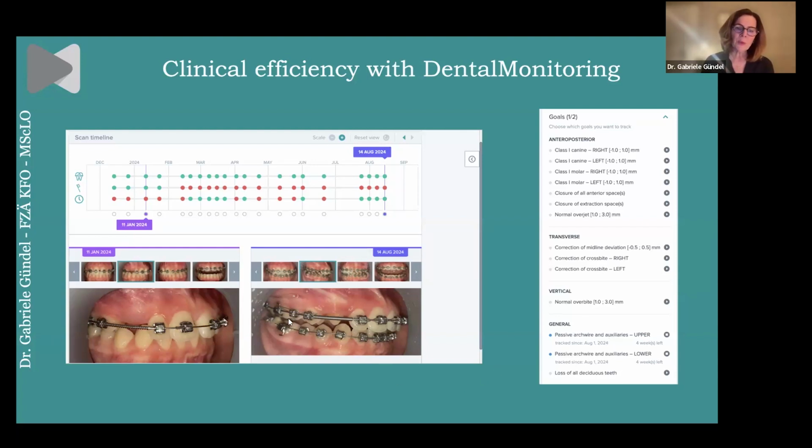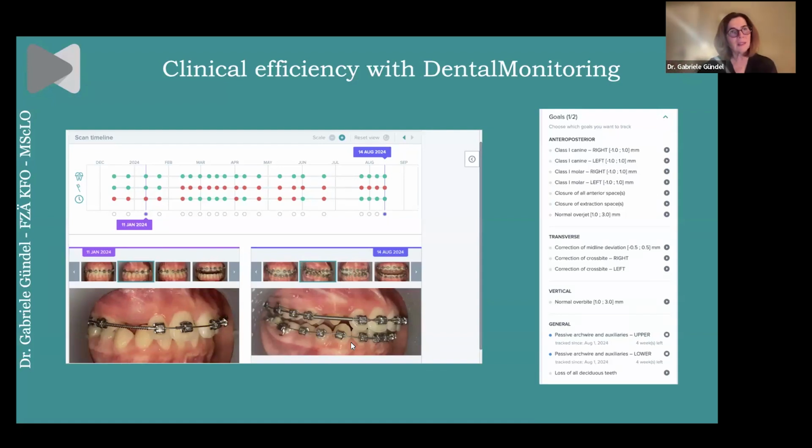And we know which arch wires are inserted here, and we can write down for our assistants, please prepare tooth 13 for bracket bonding, please move the arch wire out, prepare for the next arch wire. We can communicate this with our assistant without coming to the patient, without telling, okay, this is the situation now, thinking about what to do.